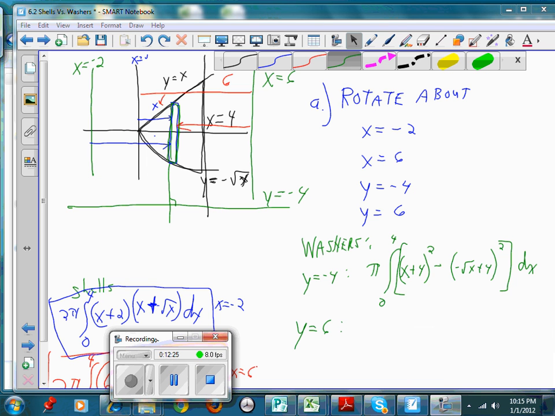For y equals 6, the radius is going to change. I'm still going to integrate from 0 to 4.